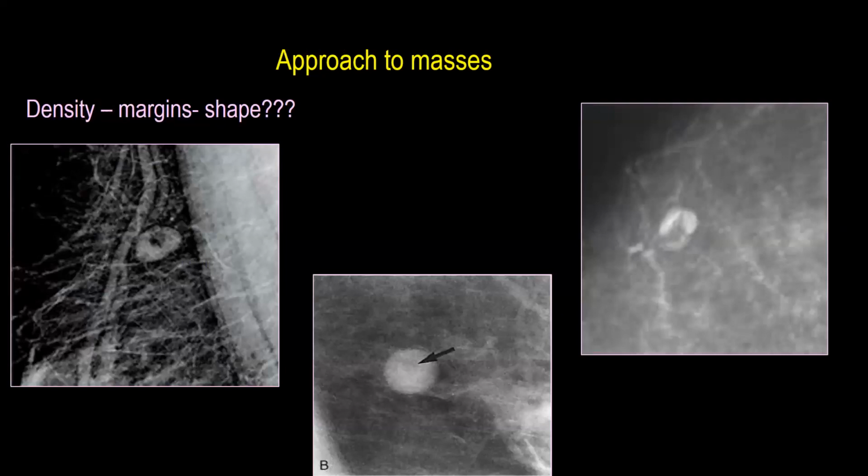What about this, Sumaya? Density, margin, shape. Density high, shape rounded, margin... Don't rush. Take it one by one and look at it carefully. Can I show you this one? What about this one? The shape of this one is?